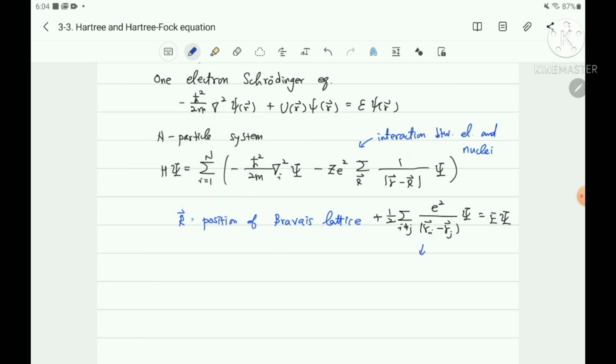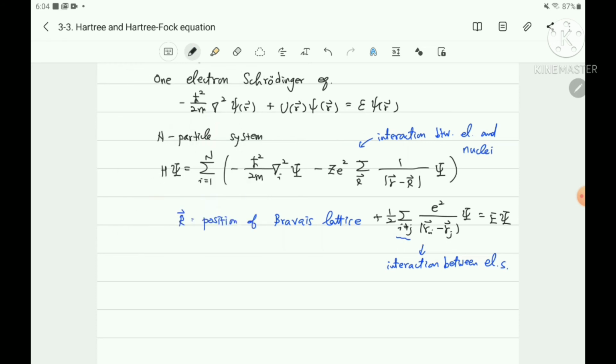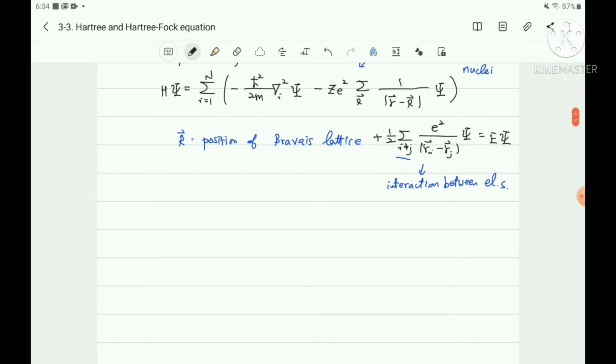This is the electron interaction between electrons. Here, i should not be j because we should exclude the self-interaction, and the one half comes from excluding the double counting.